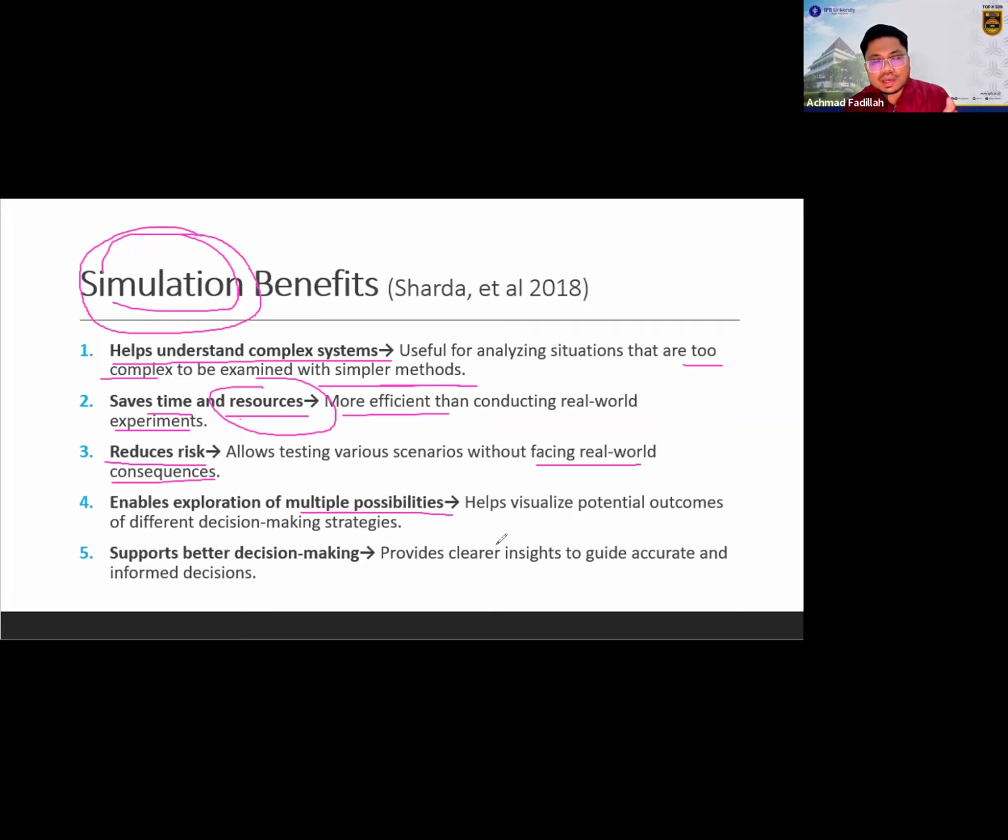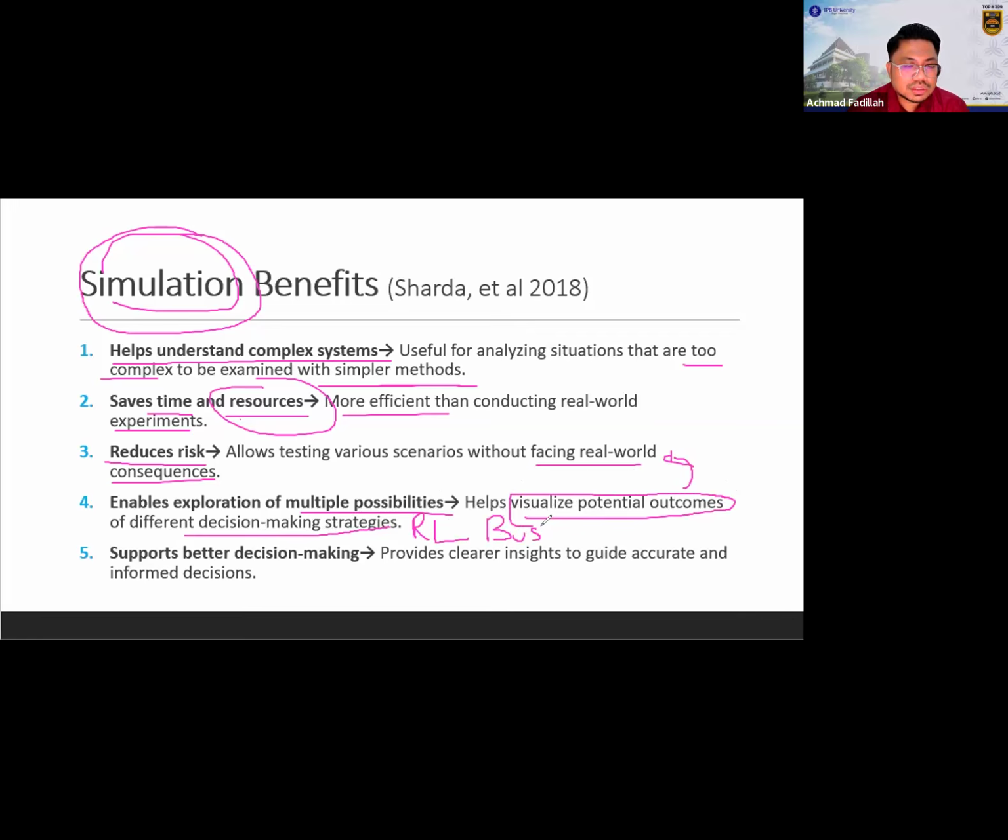It means the outcome and the result of the scenarios can also be utilized as a baseline before we implement different decision making strategies in real life, in this context about business.